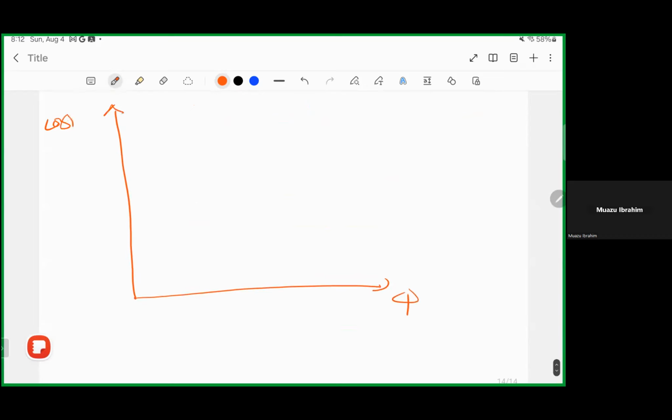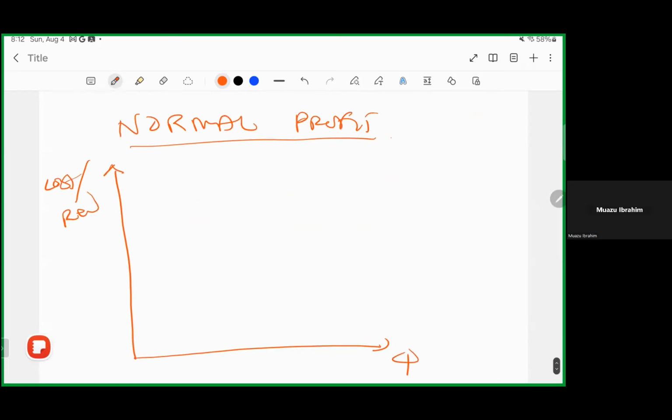We have here cost or revenue. Okay. Now we have here our demand, price, average revenue, marginal revenue. And what will be the average cost? The average cost curve will be here. And what will be the marginal cost curve? The marginal cost curve will pass through.